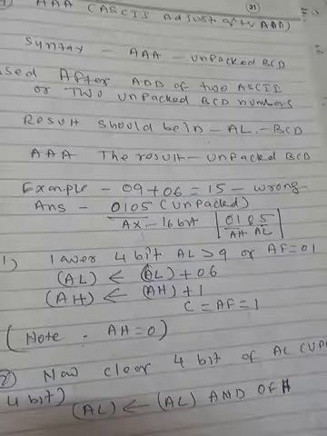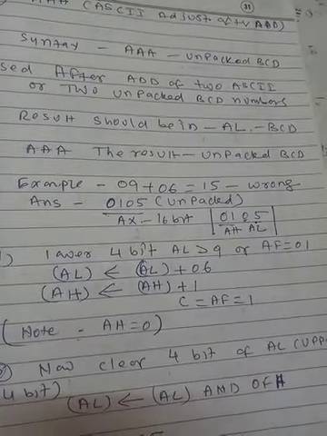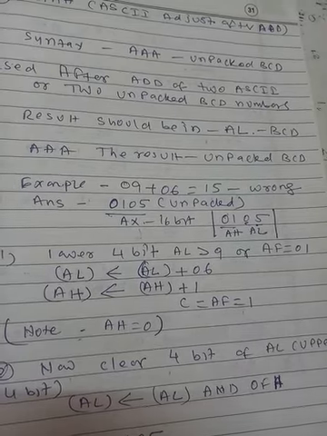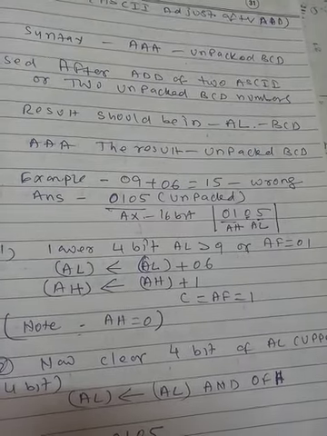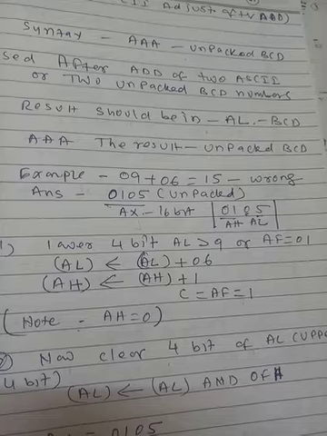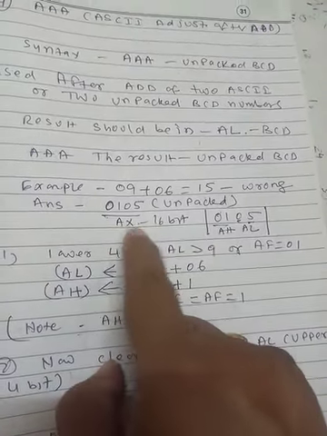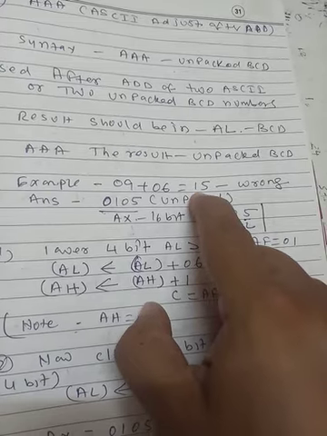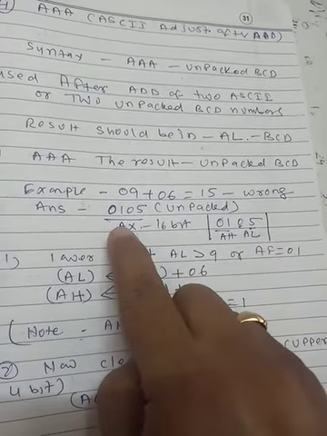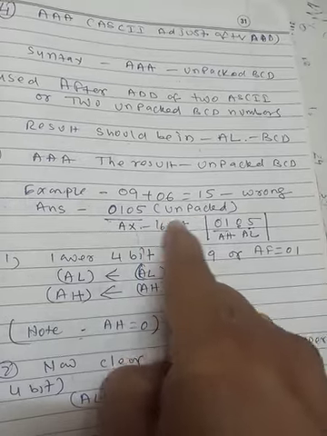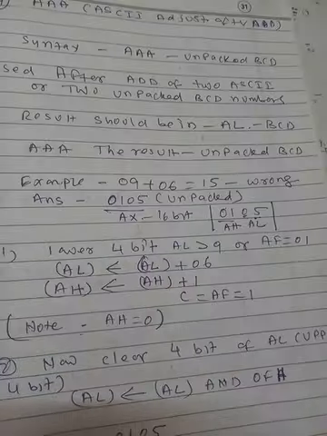So instead of a single 8-bit register, it requires a 16-bit register. Here you can see to store only 15 we require a 16-bit register. So this is called unpacked BCD.